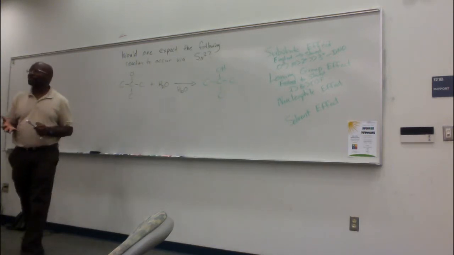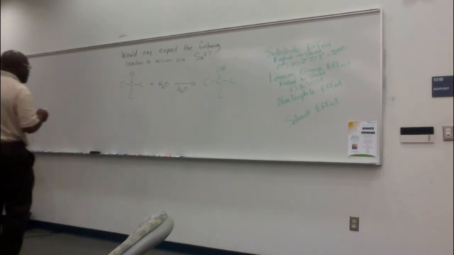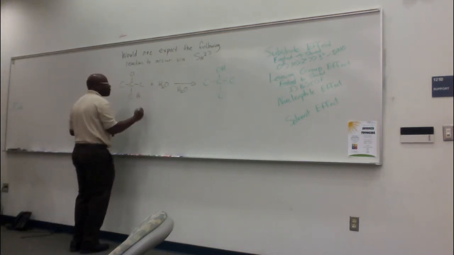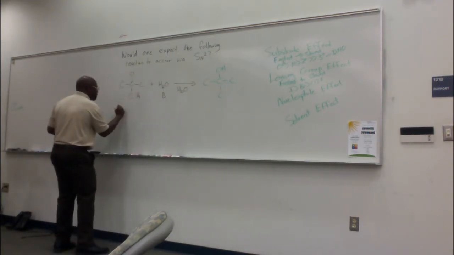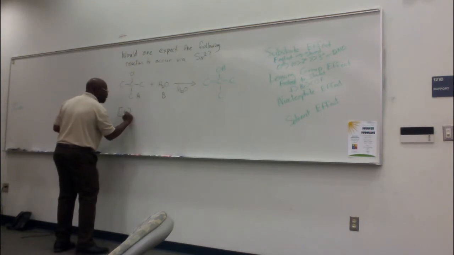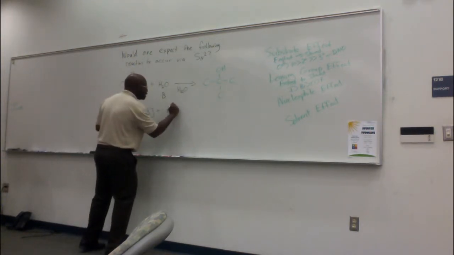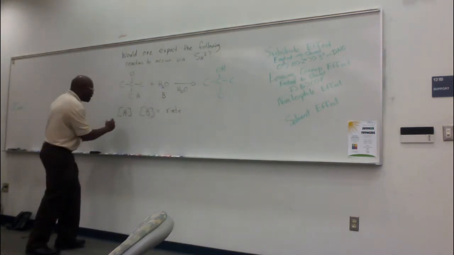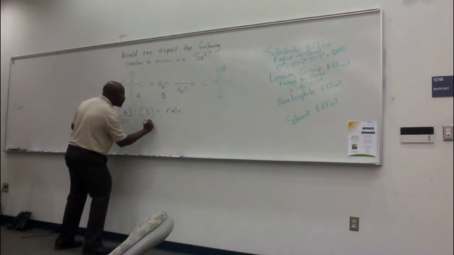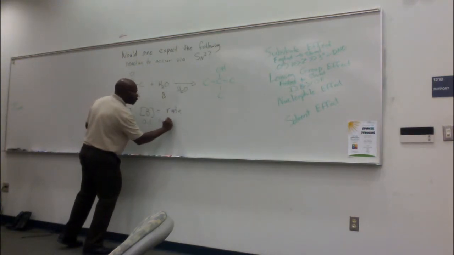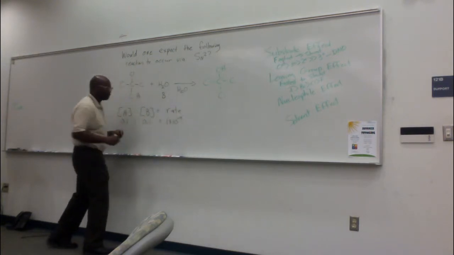Now, how do you end up proving it's not Sn2? What you end up doing, go back to G-Chem, you take the concentration of A, because I'm going to call it A, and the concentration of B, and I'm going to vary the concentration. For example, if I have a concentration of A being 0.1, concentration of B being 0.1, I get a rate of 1 times 10 to the minus 4.